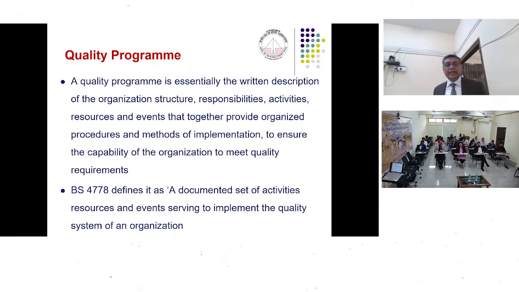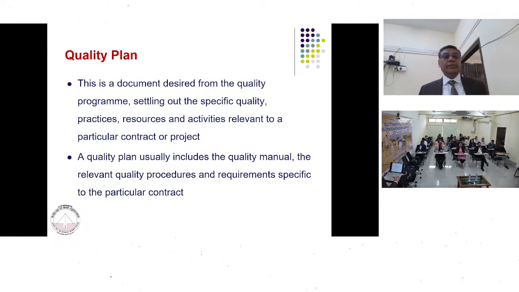There is a British standard by the name BS 4778. It defines a documented set of activities, resources and events serving to implement the quality system of an organization as a quality program. Then we need to work on the quality plan also. In this document, it is desired from the quality program, setting out specific quality practices, resources and activities relevant to a particular contract or a period.